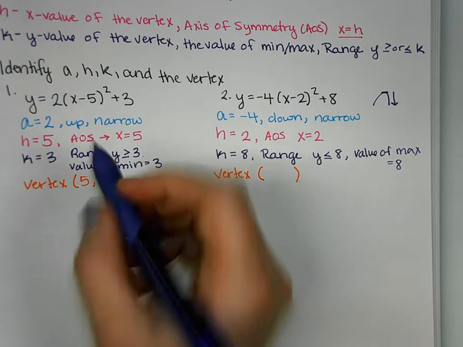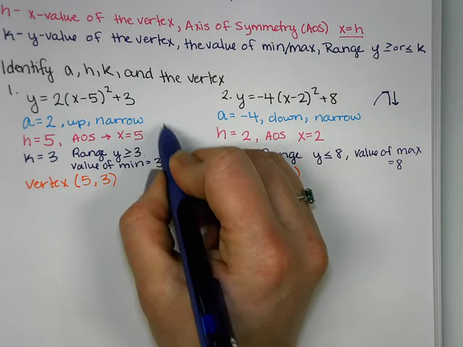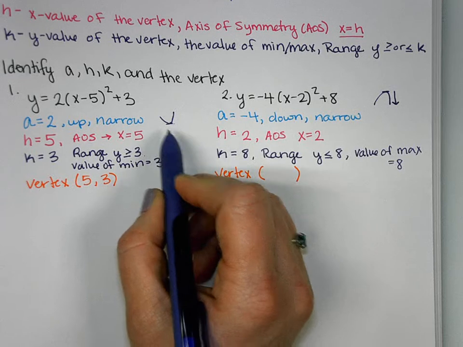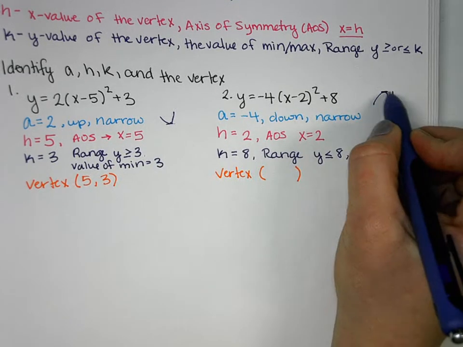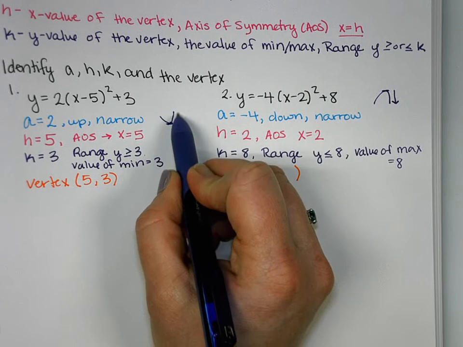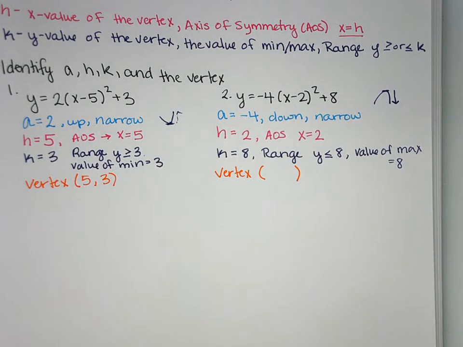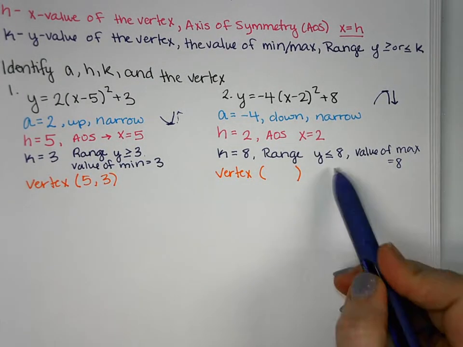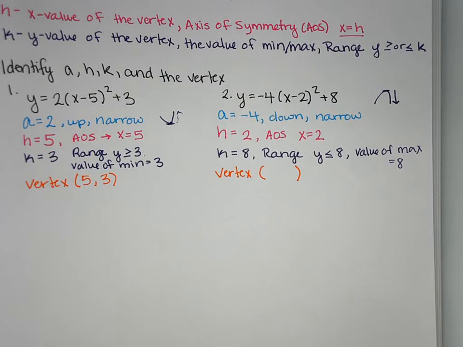Just like over here when this one goes up, that's going to be my lowest point, or my minimum. Here it's a maximum. So it's all the y's that are bigger than whatever that y value is. Whenever it goes up, this symbol is going to be a greater than. Whenever it goes down, your symbol is going to be a less than.